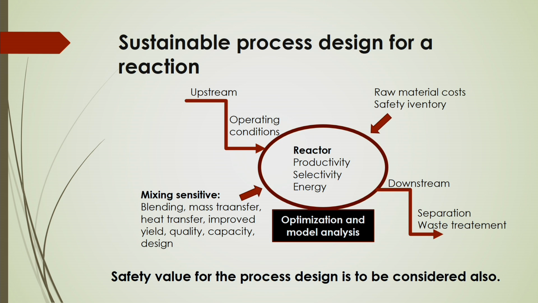What will be the raw materials to be used, and what will be the cost of those raw materials? Also consider whether it should be a safety inventory or not, whether it is mixing sensitive or not, whether it is properly blending, whether mass transfer and heat transfer happen properly, how you can improve the yield based on mixing quality, and the capacity of the design.